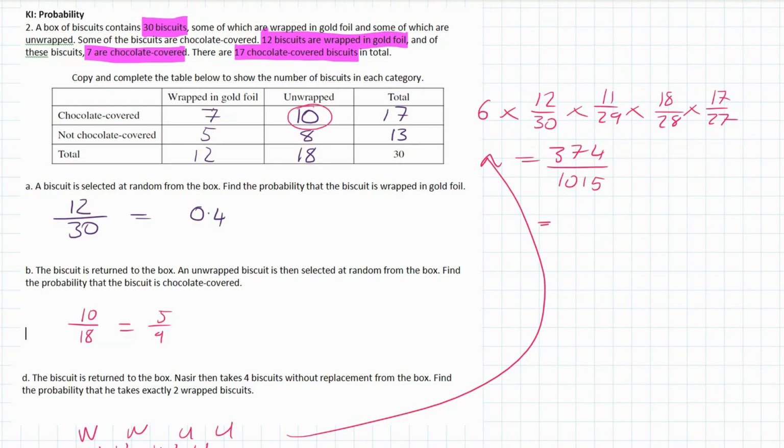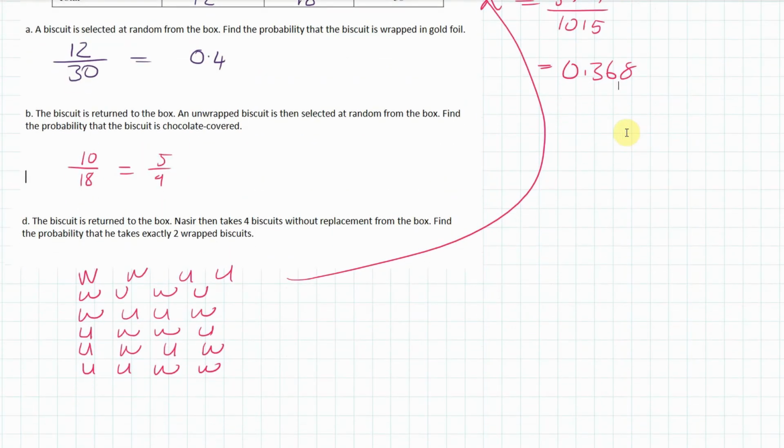And to 3 significant figures, we can say it's 0.368. Okay, so there we go. We used a bit of the old IG work to help us there. I will talk to you about these types of ones that I've done in Part D a bit later on in the course, and you'll be away laughing with those.